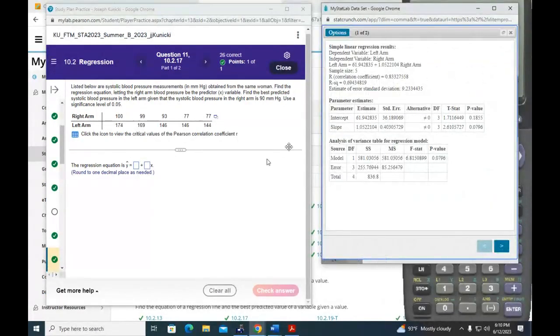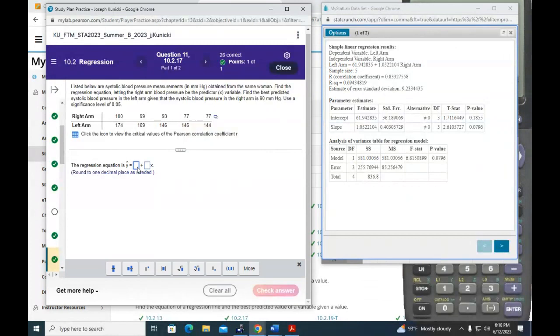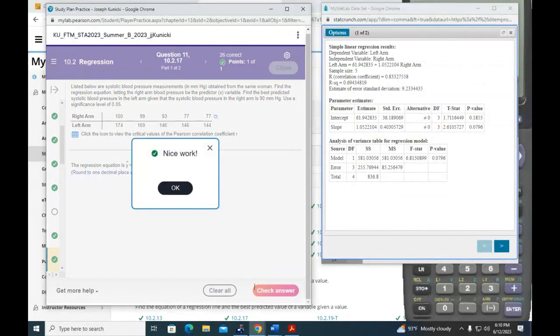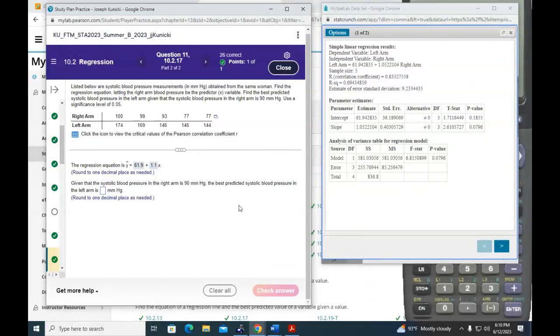And let's see, y hat equals 61.9 and 1.1, one decimal place. Now, the regression equation is true, but guess what?